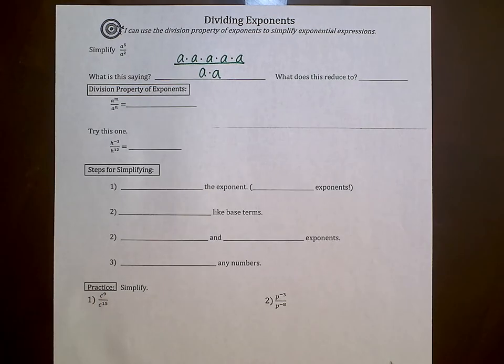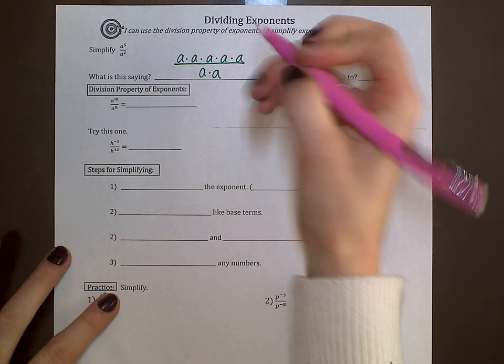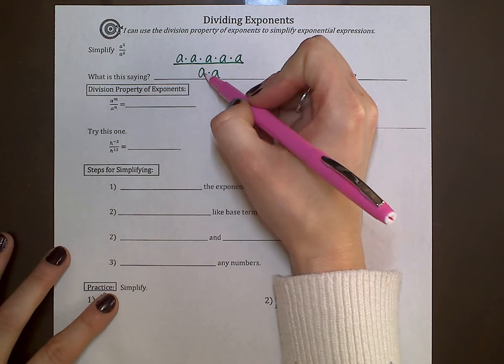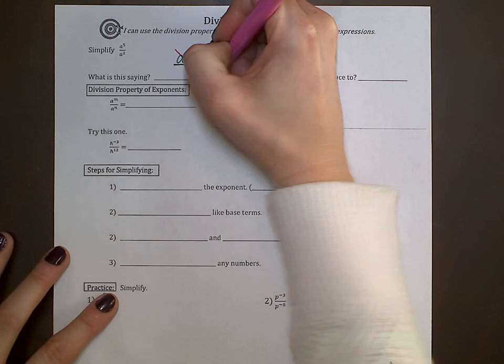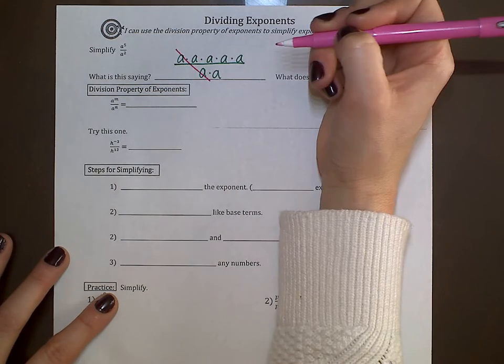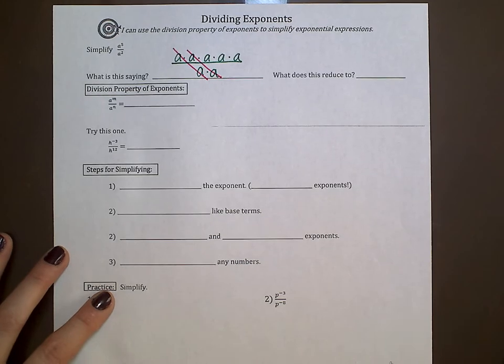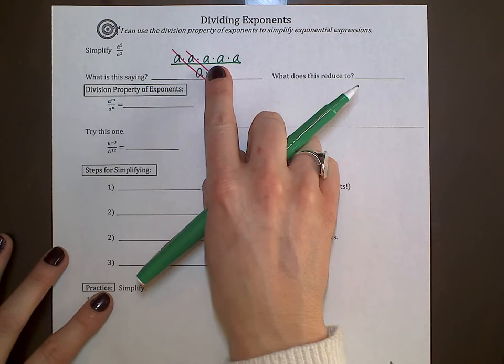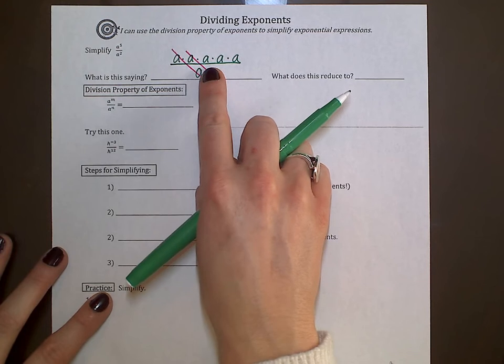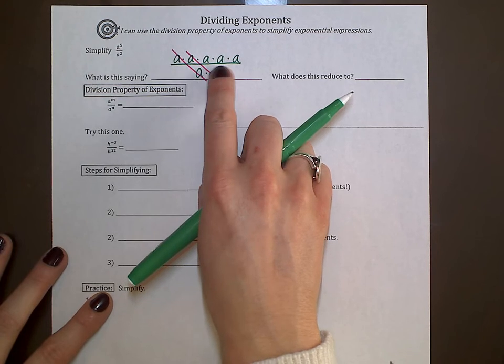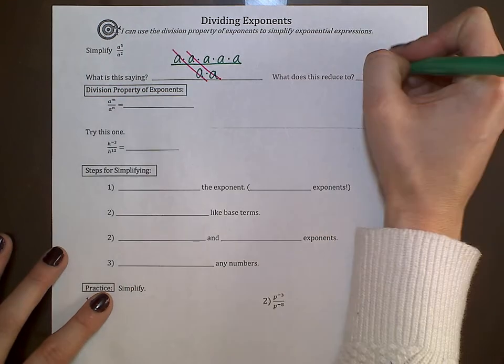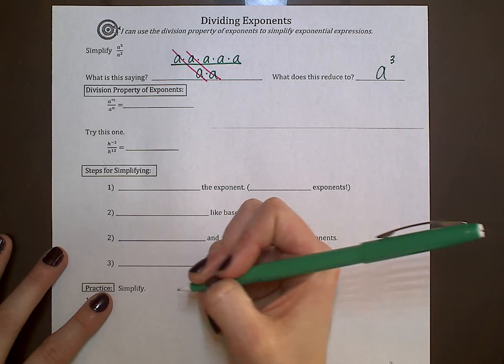Well, hopefully you know that if you have the same thing on top and bottom, you can just cross off one of those pairs. So I can cross off 2 pairs of a's, and that would leave me with just, there's nothing on bottom anymore, so it's not even a fraction anymore. I just have a times a times a, which I could rewrite as a to the third.